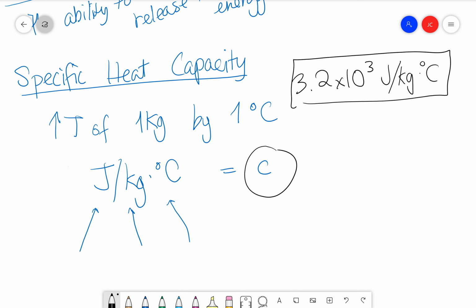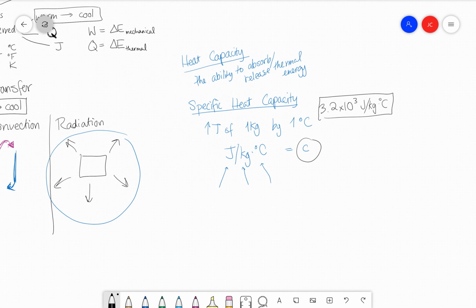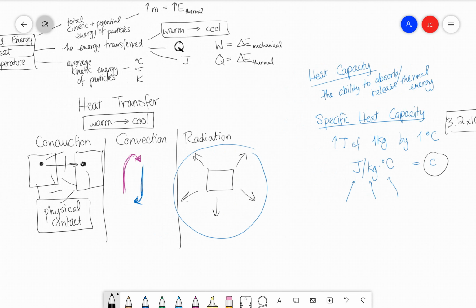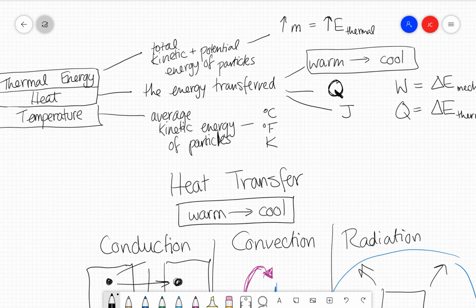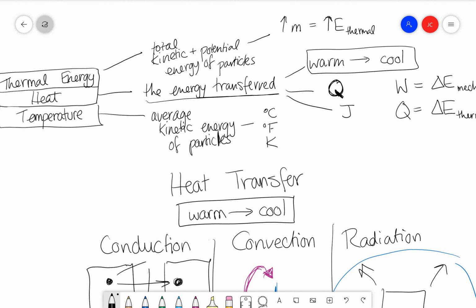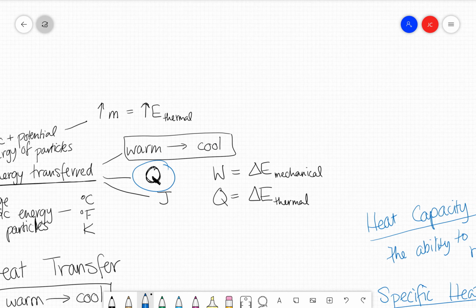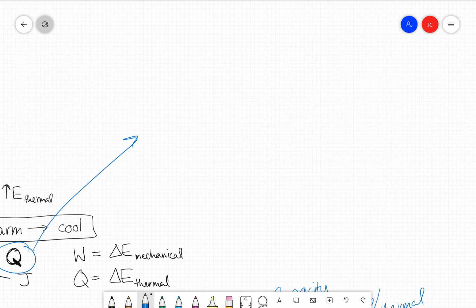Why would you ever care about the heat capacity of an object? Because of the last and most important topic in this video, and that is going back to here. We talked about heat and the energy transferred. And we talked about this quantity called Q, which is a measure of heat. It's the quantity of heat. Well, Q is a pretty important thing.